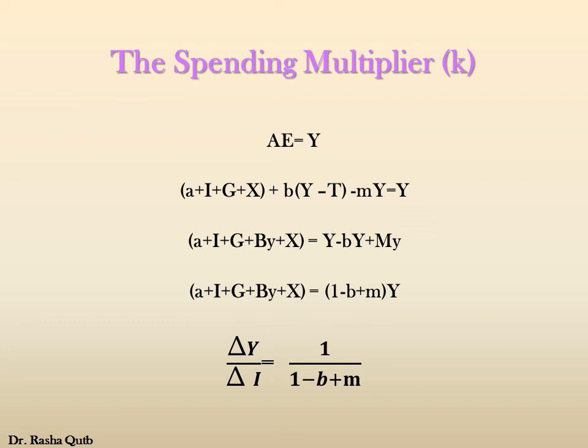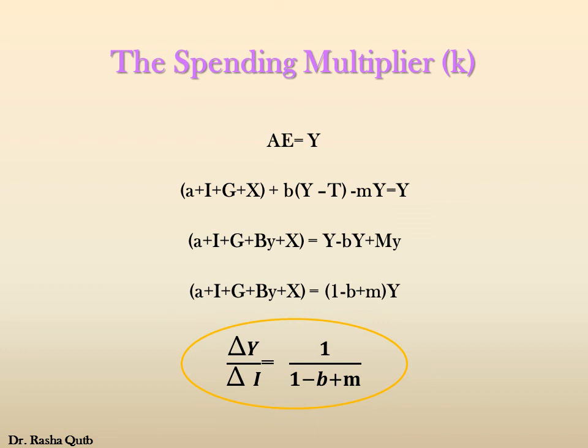If I want the final change in the equilibrium level of national income per unit change in any of the autonomous expenditures or autonomous components of aggregate demand, for example with respect to investment, I get the final increase in equilibrium national income when investment increased by $1.